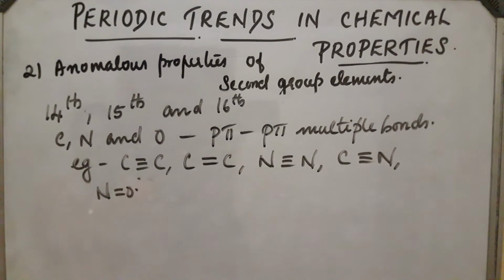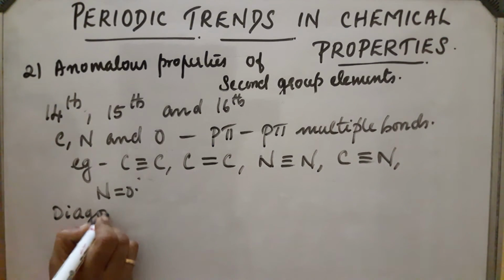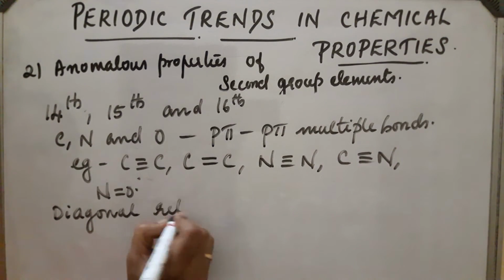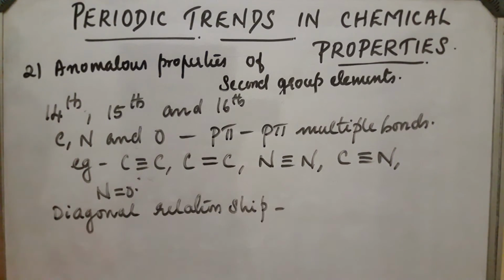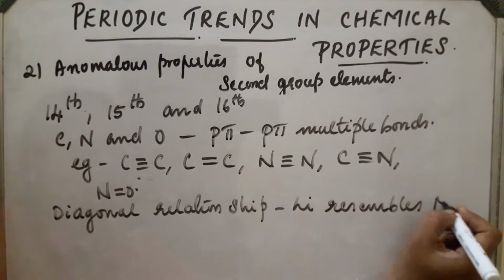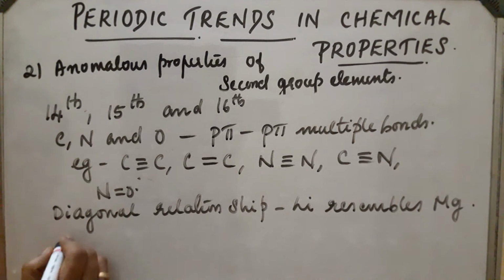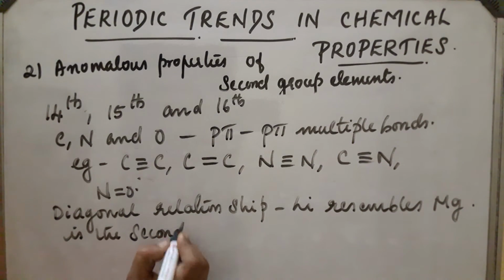Then the next property is diagonal relationship. That means lithium, the first element in the first group, resembles magnesium, the second element in the second group.